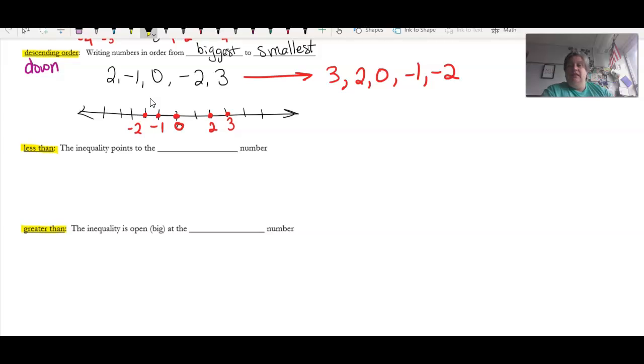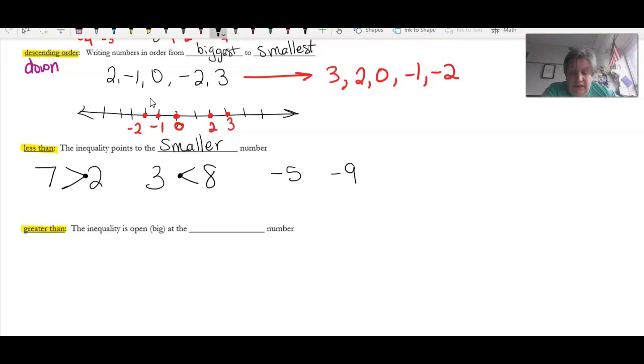Okay, so a less than inequality points to the smaller number. So 7 and 2. 2 is definitely smaller than 7, so it points to the 2. 3 and 8. 3 is definitely smaller, so it points to the 3. -5 and -9.